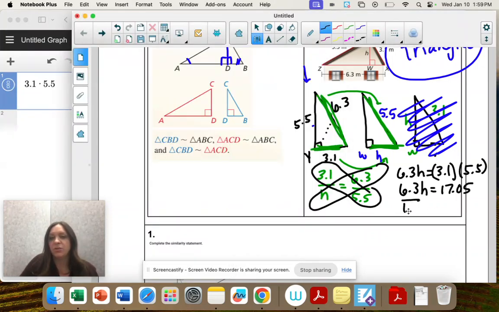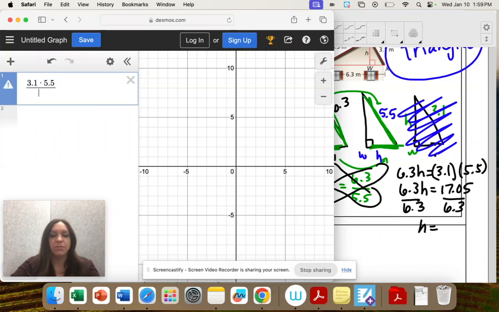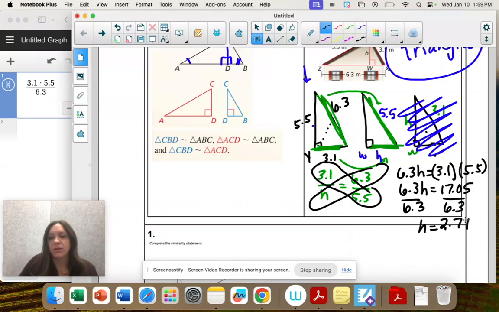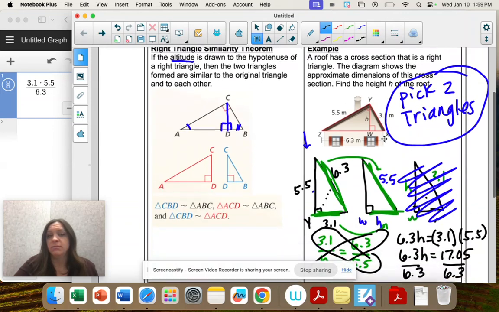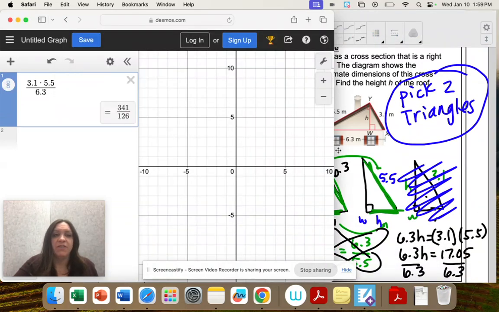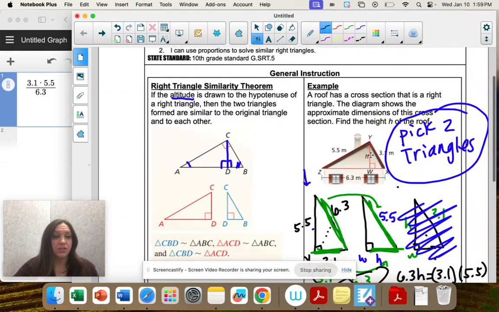Now to solve for H, we're going to divide that by 6.3, which is 2.71. Doesn't say to round. When it doesn't say to round, we would leave it. So 341 over 126. Okay, that is the height of that in meters.